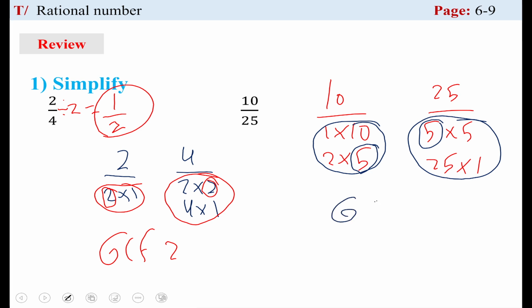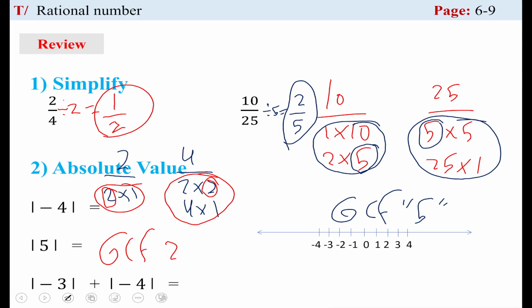So the GCF is 5. I will divide by 5. It's going to be 2 out of 5. So the answer is 2 out of 5. This one is about simplifying.